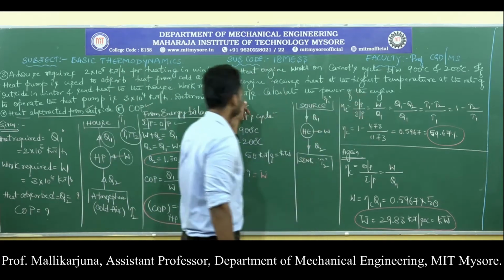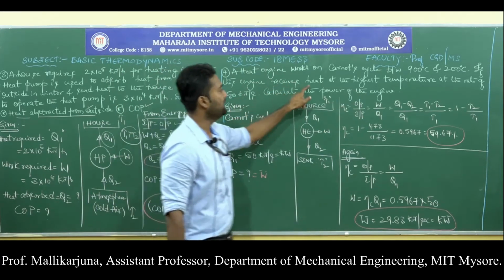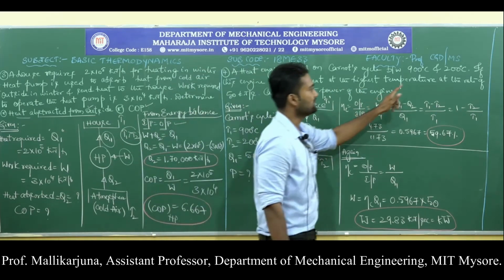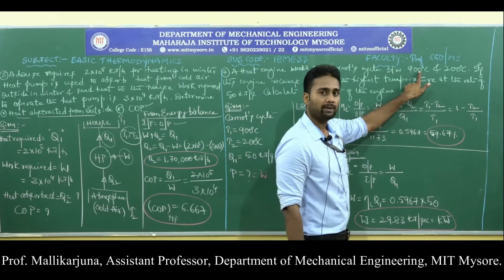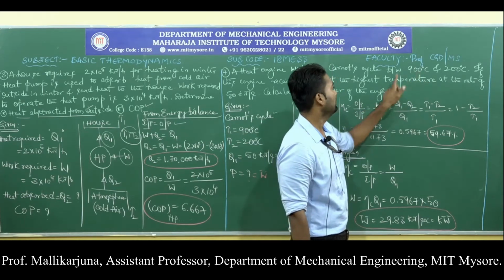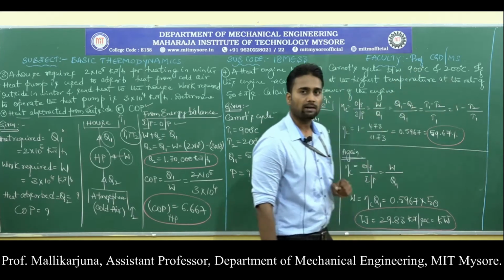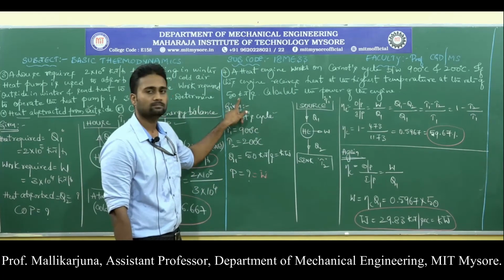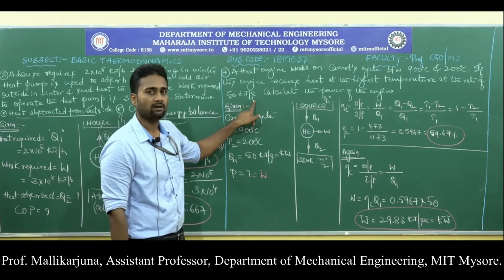If this engine receives heat at the highest temperature, in the sense the engine is receiving heat from the higher temperature body, 900 degree centigrade, at the rate of 50 kilojoules per second.